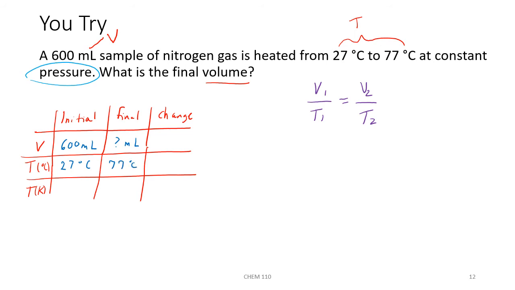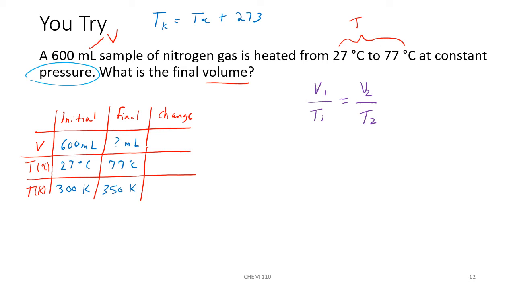And recall that your conversion is your temperature in Kelvin will be equal to your temperature in degrees Celsius plus 273. So if we add 273 to each of those, we'll get 300 Kelvin for our 27 degrees Celsius, and we'll get 350 Kelvin for our 77 degrees Celsius.